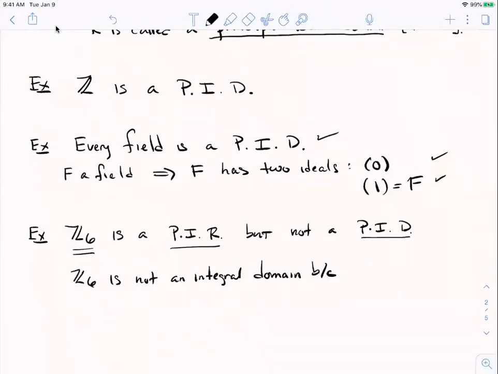Can you complete this sentence? Z6 is not an integral domain because it has zero divisors. For example, 2 times 3 is 0 in Z6. But 2 isn't 0, 3 isn't 0. So if you have zero divisors, you're not a domain. But I claim that every ideal in Z6 is principal.